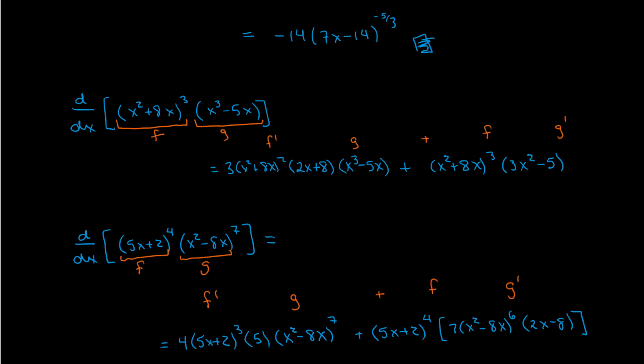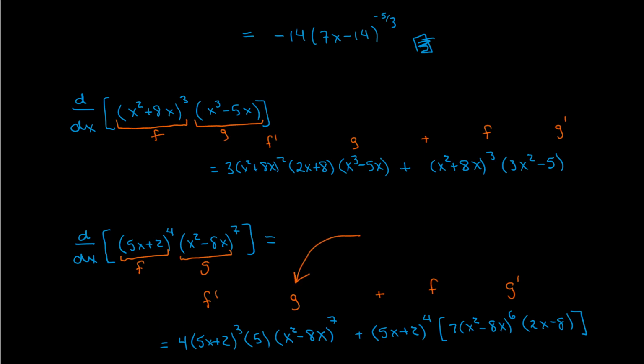We've dealt with the exponent of 4. Now we need to deal with the inside. The derivative of the inside, the derivative of 5x plus 2, results in that 5 that's sitting there. Following along on the product rule, the next factor that goes in is just copy down g.